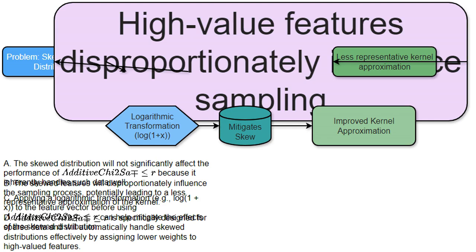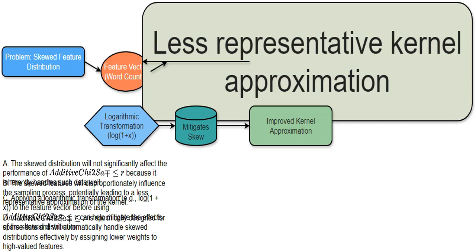Because of the uneven distribution, the most frequent words, those high-value features, will get picked more often during sampling, making the approximation inaccurate. It's like only choosing red candies from the bag. You'll get a wrong idea of the total candy colors. The resulting approximation is skewed, not representing the actual data well, which leads to poor model performance.